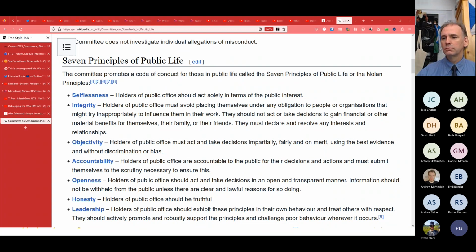Should your organization be cognizant of and follow the 7 principles of public life? And I'll make it very simple, just with a thumbs up or thumbs down.